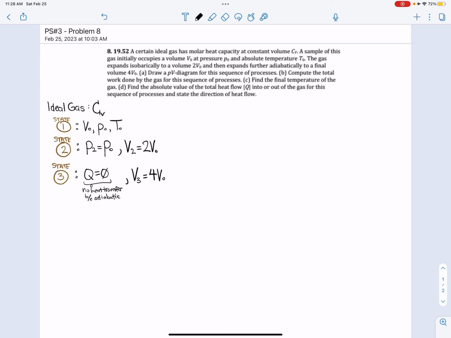So we can start. For part A, draw a PV diagram for the sequence of processes. So this is the givens right here. Part A, we need a PV diagram. So this is pressure, and this is the volume.